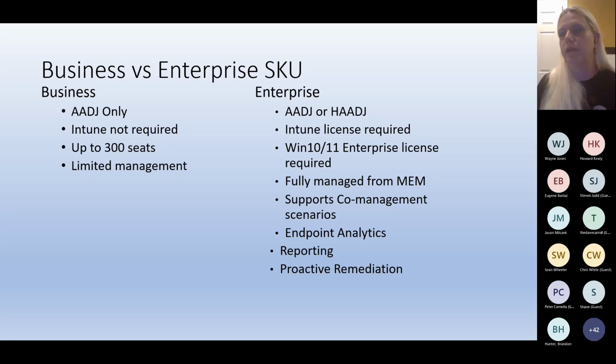Generally what's applicable to 11 is also applicable to 10. Now, the cool thing is if you're using an M365 E3 or E5, you already have the Intune and the Windows 10 license. You just need your Cloud PC licenses. So if you're already heavily invested in the Microsoft ecosystem, you really just need to add the cost of the license.